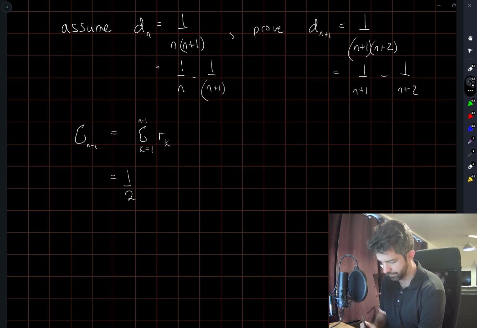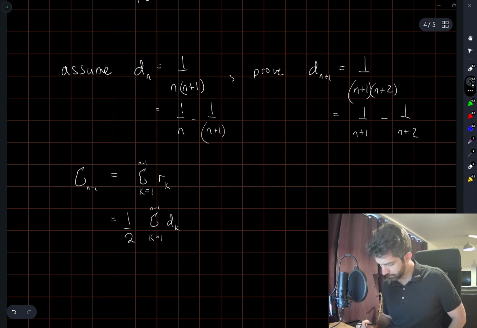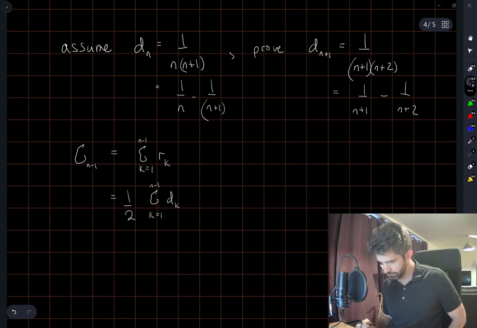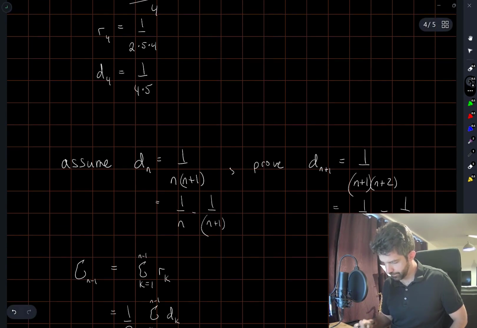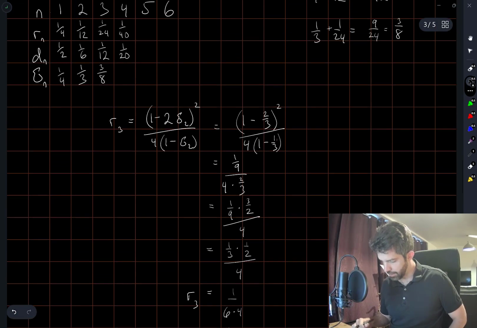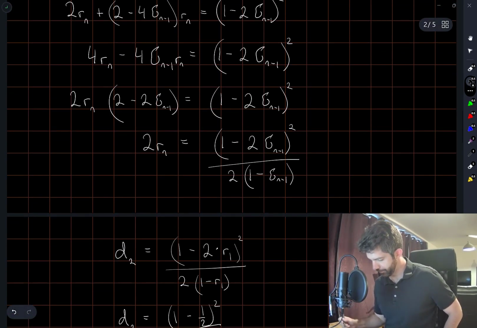Which is a half of the same thing when you put the diameters in there. So dn plus 1, from the relation that I derived up earlier, it's basically exactly this here.